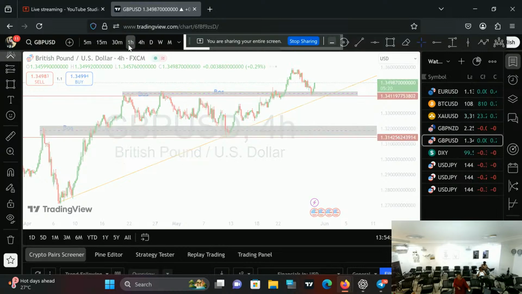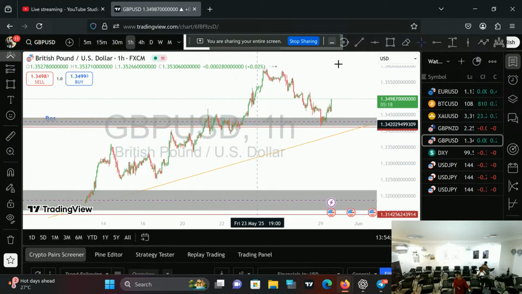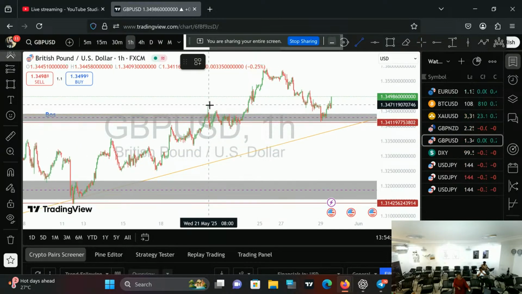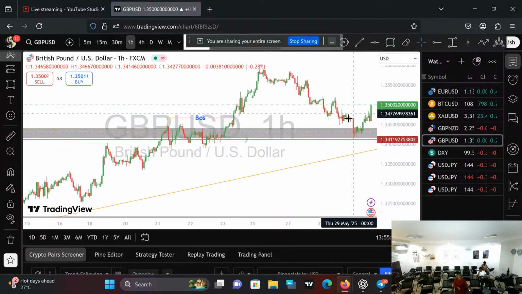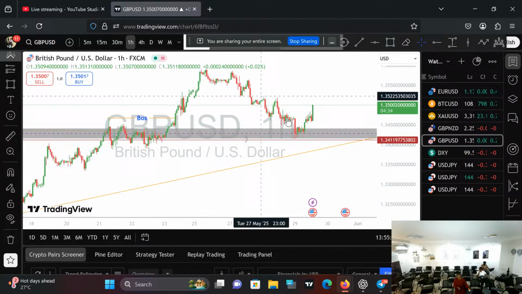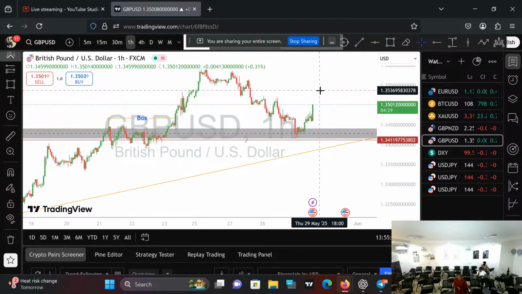Let me go down to the 1 hour so that it can be clear. So this market broke another structure here. It broke this structure, resistance level, and it has come back to retest this level. And you can see that the market has retested this resistance level and it is pumping up.